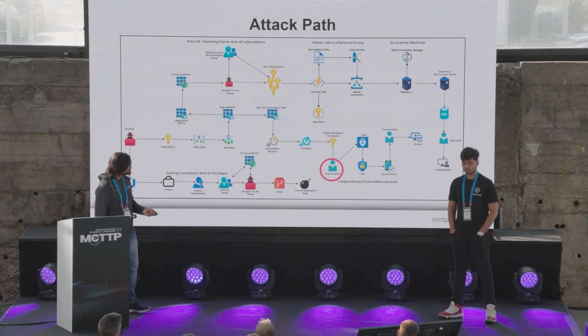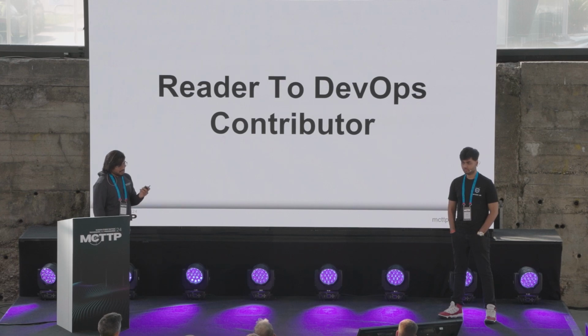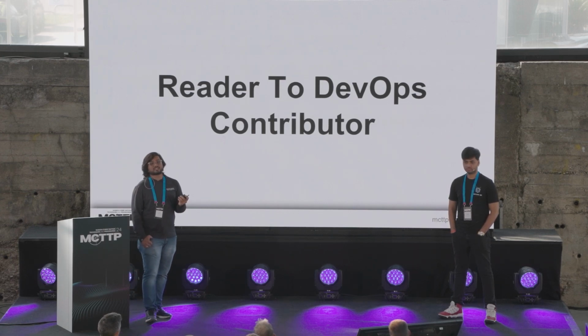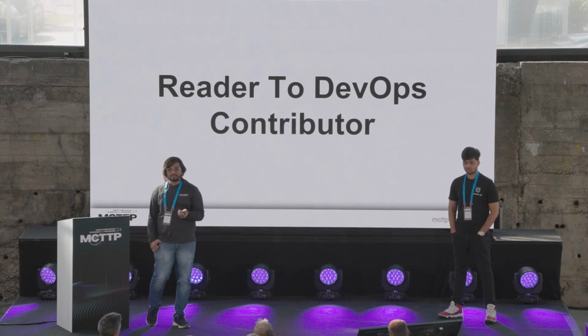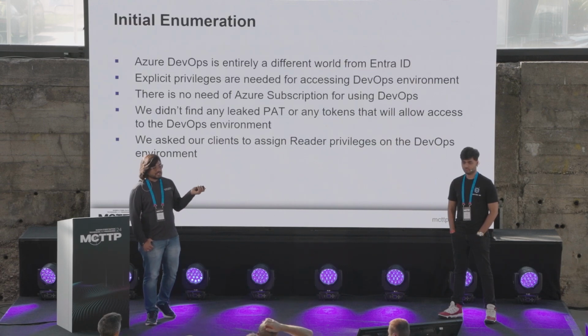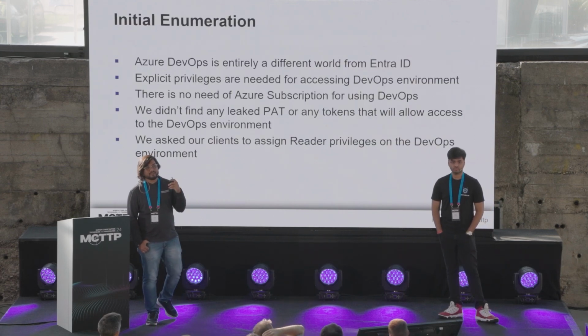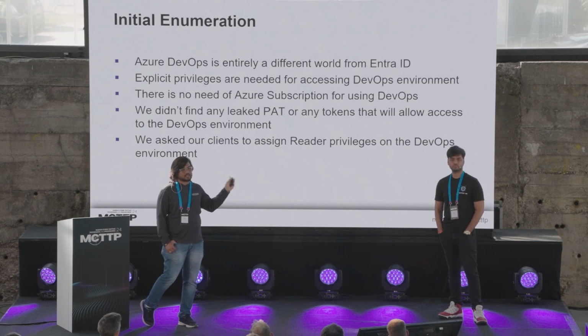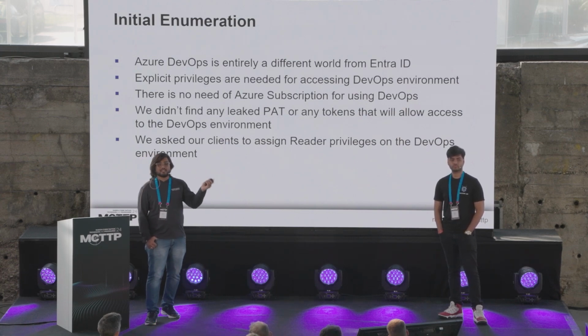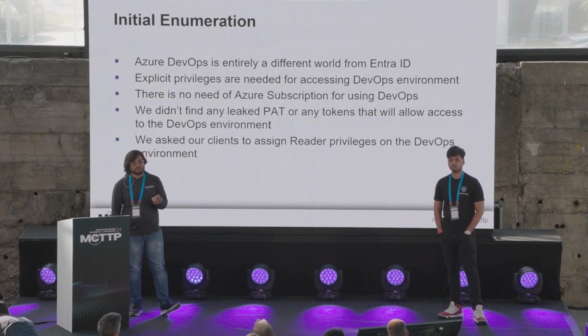Now, the fourth kill chain that we are going to discuss is about Azure DevOps, right? Initially, when we started hunting and managed to access all these resources, we still did not find any access to the Azure DevOps environment.